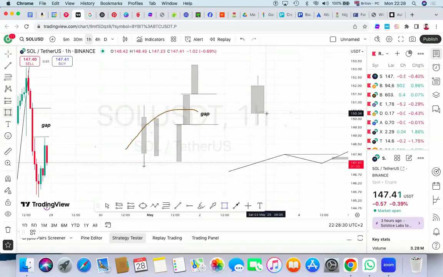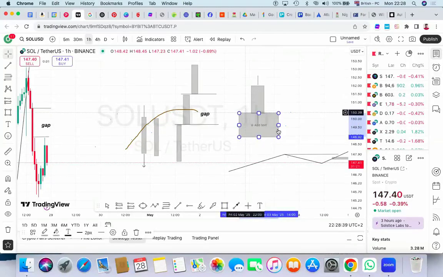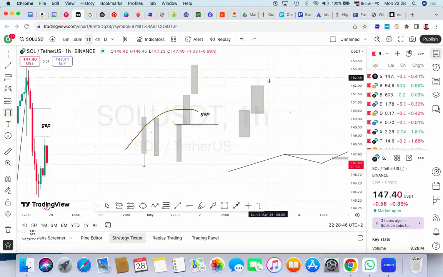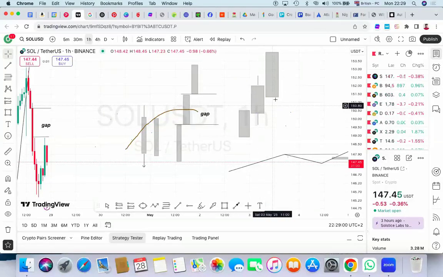So you have something like this, right? It's still a Marabozu candle, but then you see the gap that is between this and this.